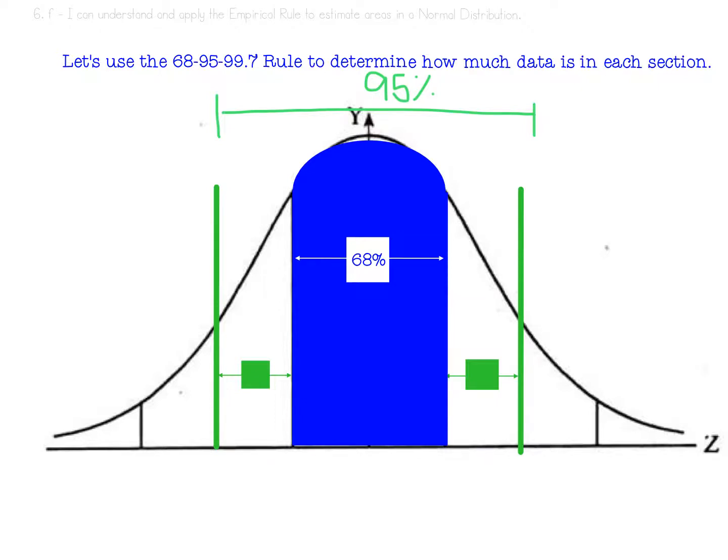So 95 minus 68 gives me 27, and when I divide that by 2, I get 13.5. So there'll be 13.5% of my data will fall here, and 13.5% of my data will fall here. And I can always double check, because 13.5 plus 68 plus 13.5 equals that 95% that fall within 2 standard deviations of the mean.